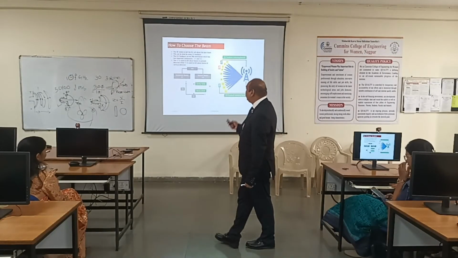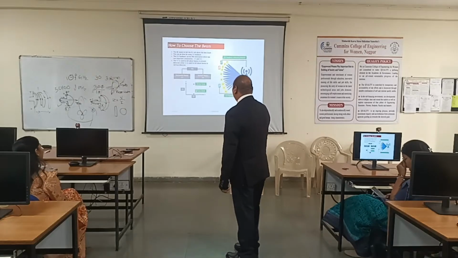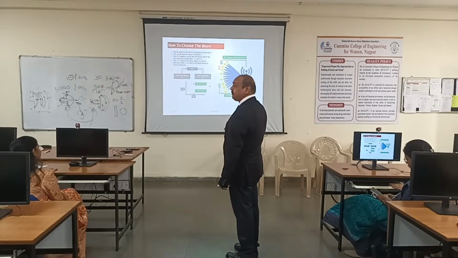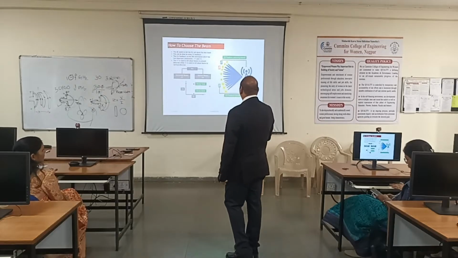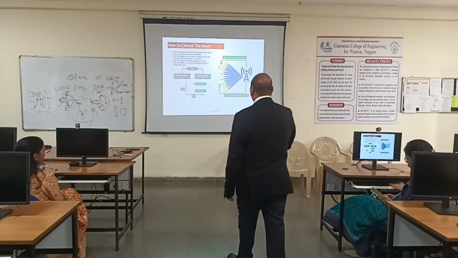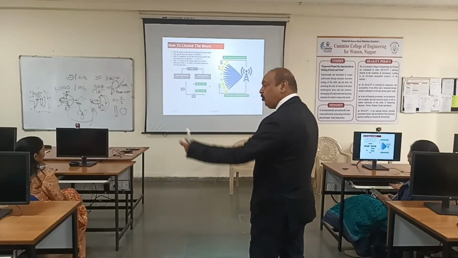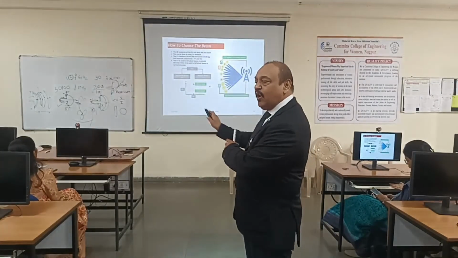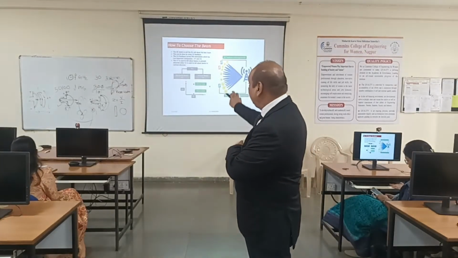For example, if you are moving from this distance to this distance, अभी यहाँ पे I11 तो वही है 5, same, there is no change. Then I12 जो है it should be a 6. So you can look at the things. Accordingly, we have to focus the particular beam to the particular user, so that CSI information gives the information to the mobile phone and tower, and then you can choose the correct beam.